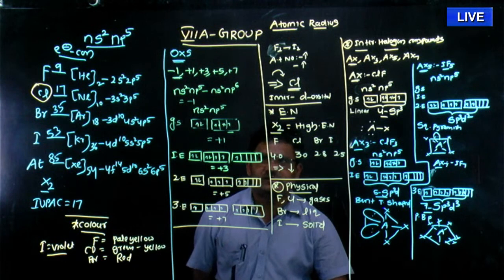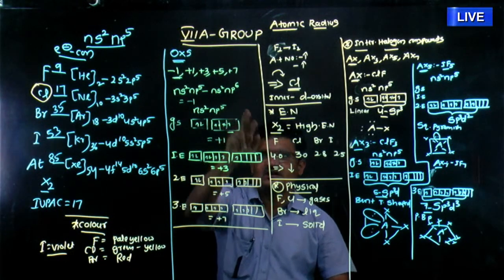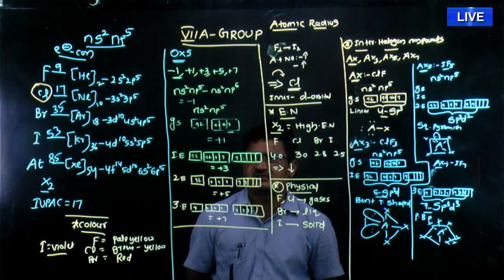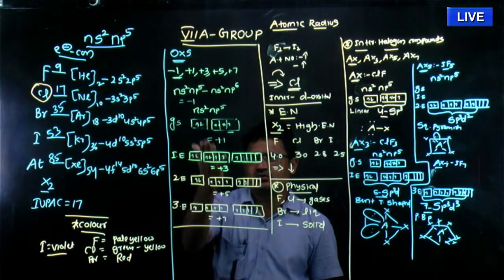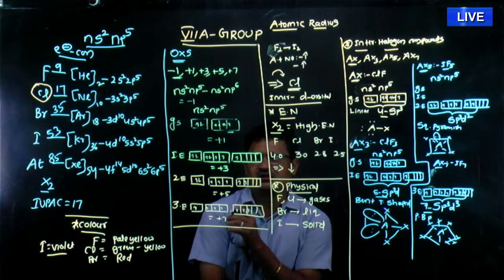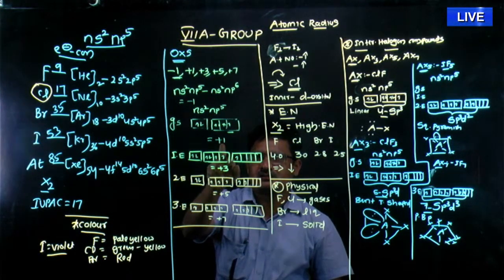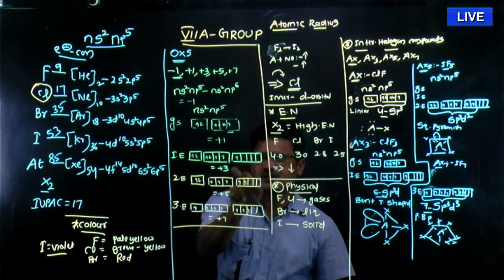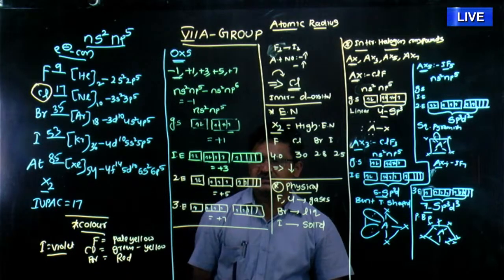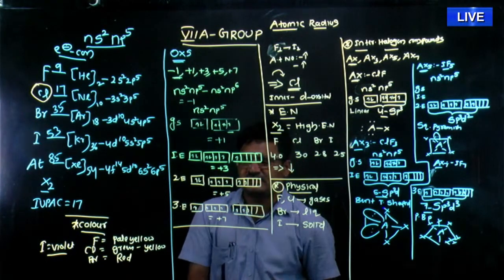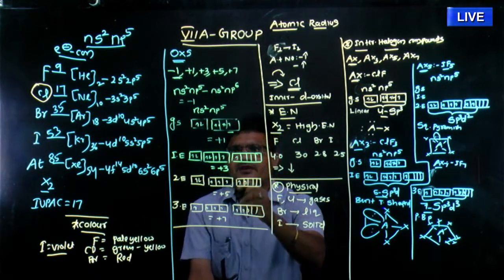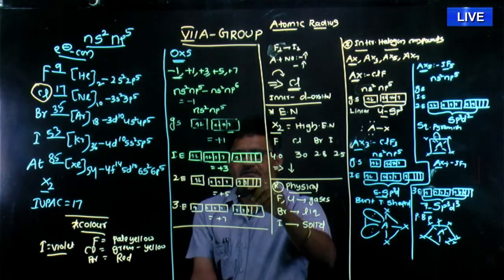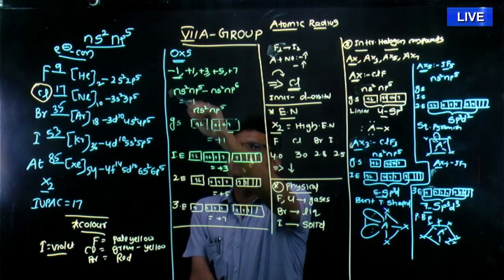Of course, we already discussed the zero group element: its electronic configuration is ns2 np6. So ns2 np5 minus ns2 np6 gives -1. In the ground state, only 1 unpaired electron, +1. In the first excitation state, 3 unpaired electrons, +3. Second excitation state, 5 unpaired electrons, +5. Third excitation state, 7 unpaired electrons, +7. So these are the oxidation states.